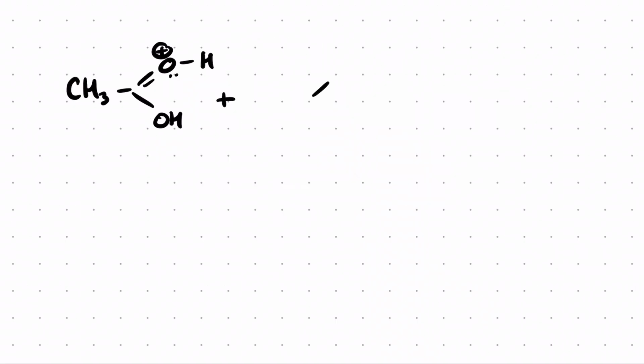Then our protonated carboxylic acid reacts with the alcohol. Since the oxygen has 2 lone electron pairs, it acts as a nucleophile and attacks a partially positively charged carbon, forcing the double bond to break.